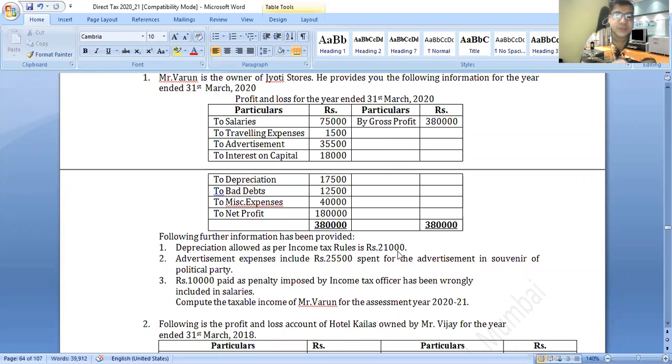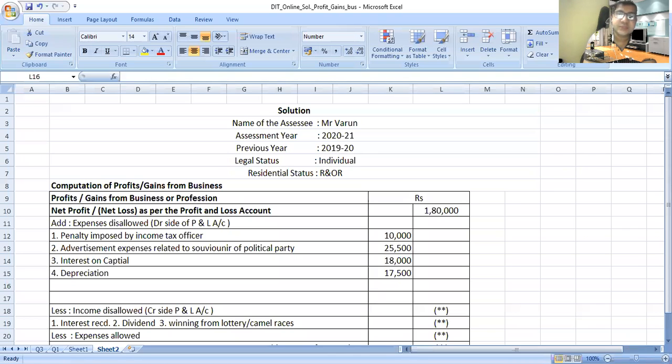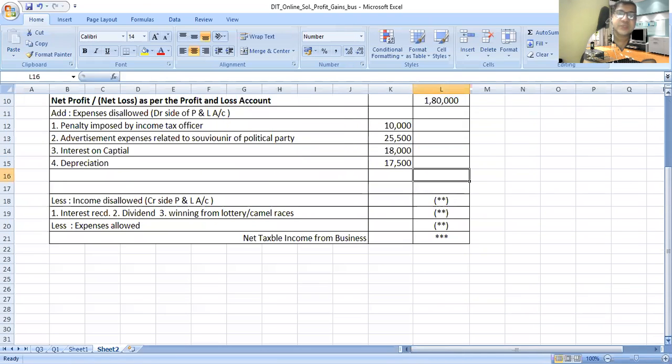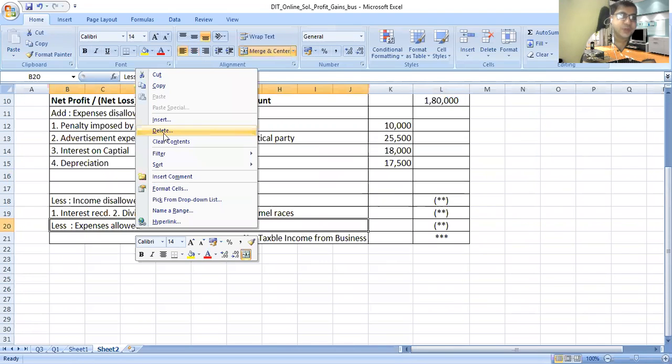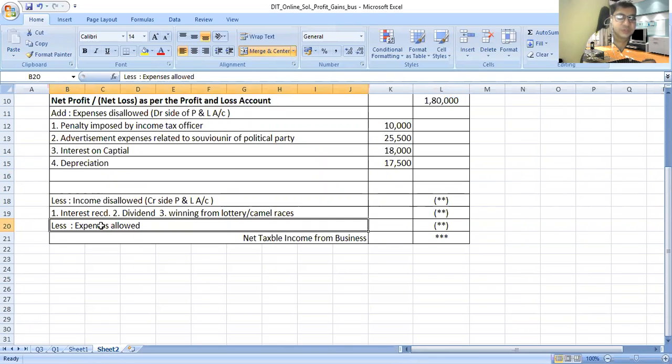Now, friends, our rule, which I discussed in the last lectures and today also: expenses which are actual business expenses but not debited should be deducted as expenses disallowed. So these things you have to keep in mind.